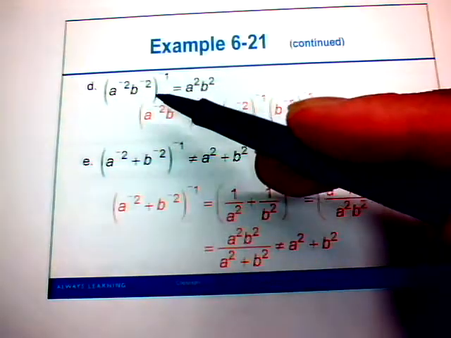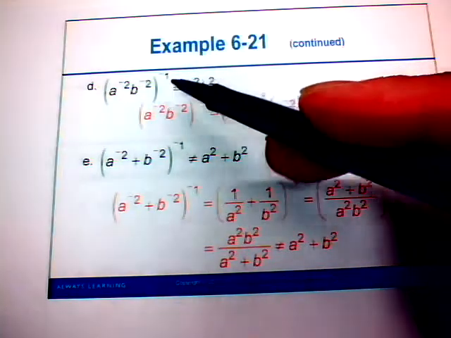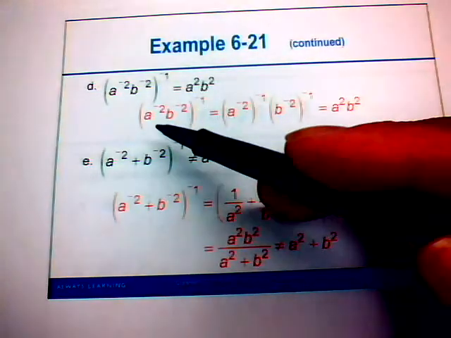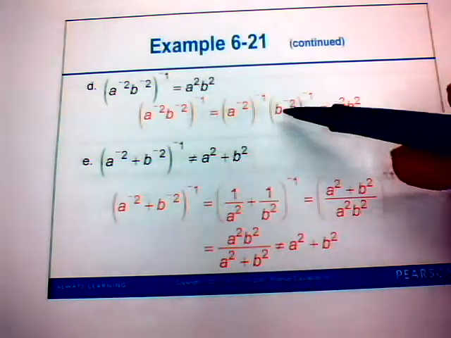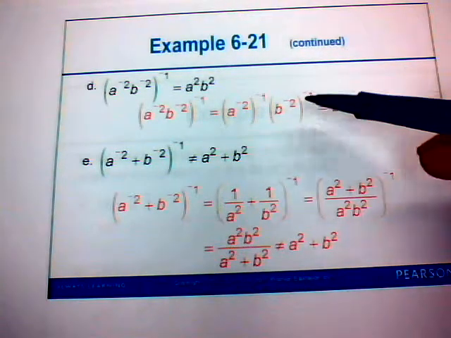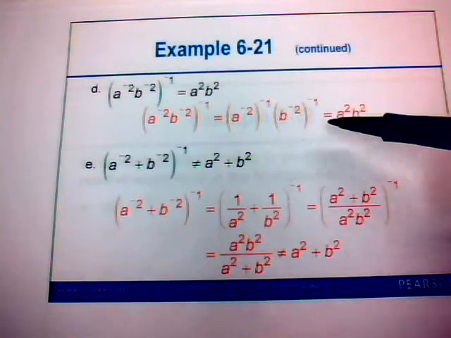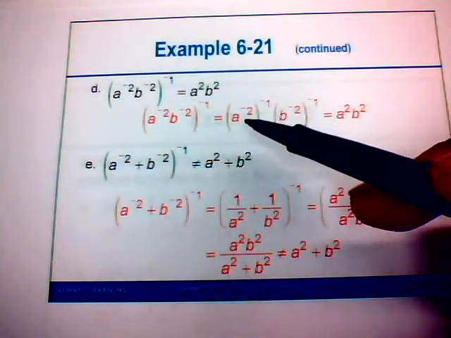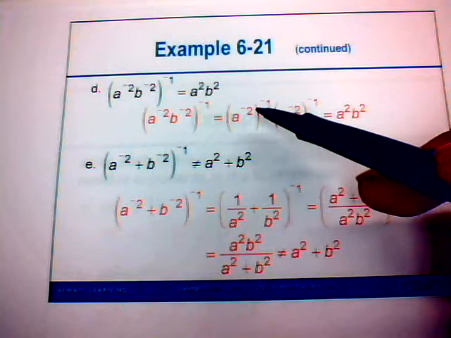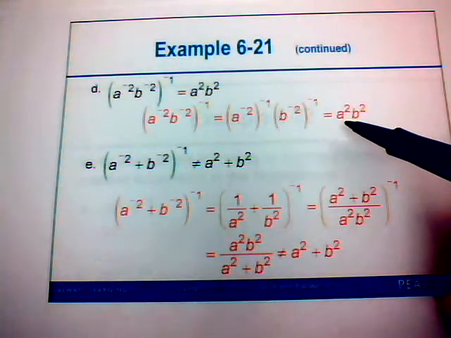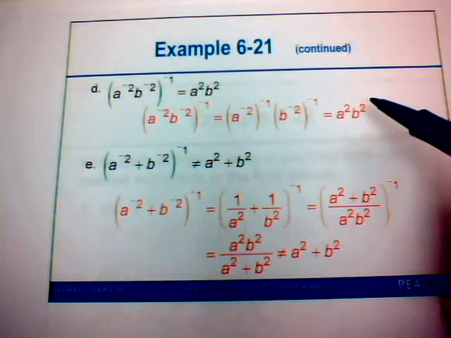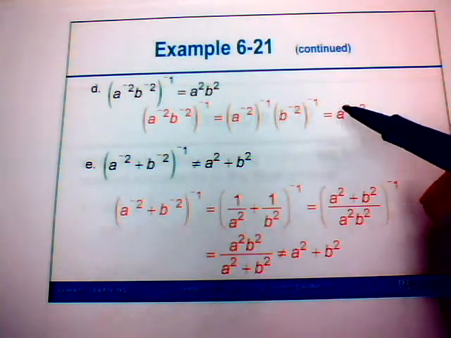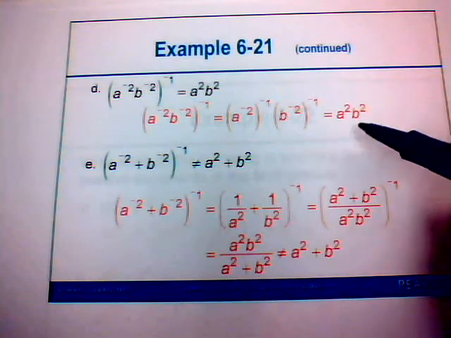We're raising a product of powers to a power, so if we rewrite this, this will be a to the negative 2 raised to the negative 1, and then b to the negative 2 raised to the negative 1. So for each one of those, we're raising a power to a power, so we can multiply the exponents. Here, for the a, negative 2 times negative 1 would give me a squared. For the b, negative 2 times negative 1 would give me b squared.